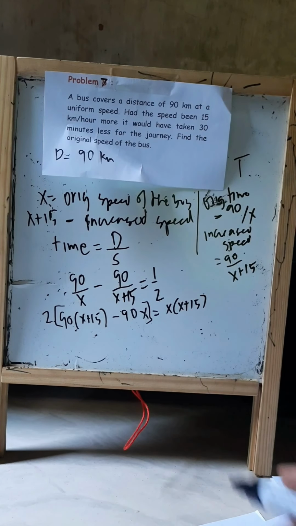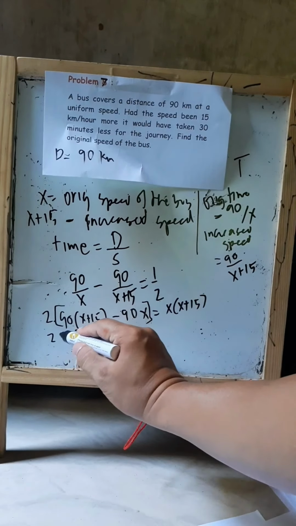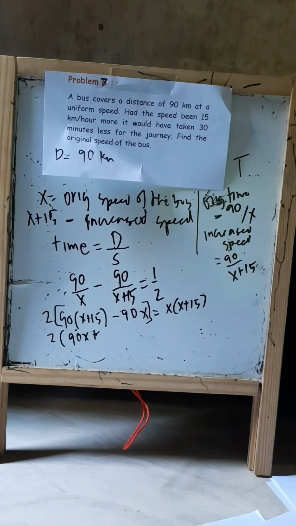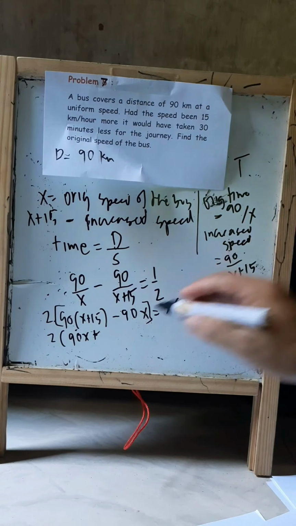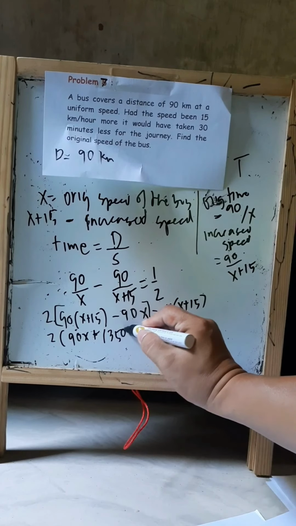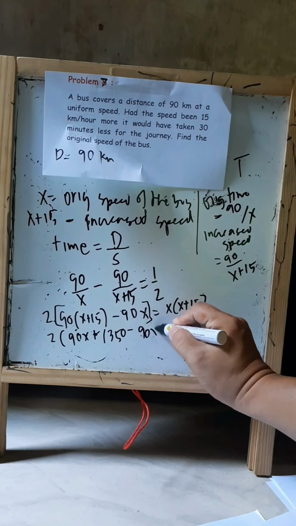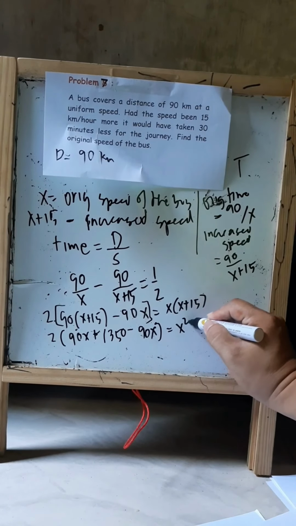2 times 90x plus, what is 90 times 15? 90 times 15 is 1350, minus 90x is equal to x squared plus 15x.